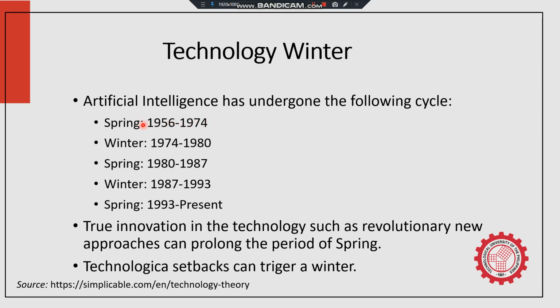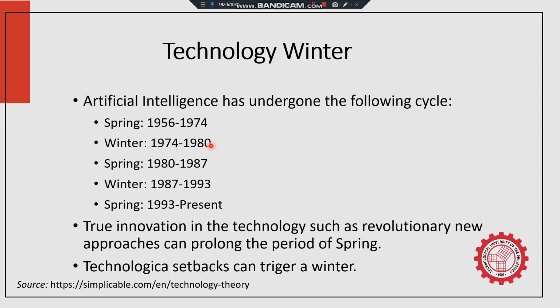The industry gained much sales, shall we say? Okay. And then the winter time, there's stagnation, there are no improvements, and no applications. Okay. That was in 1974 to 1980.